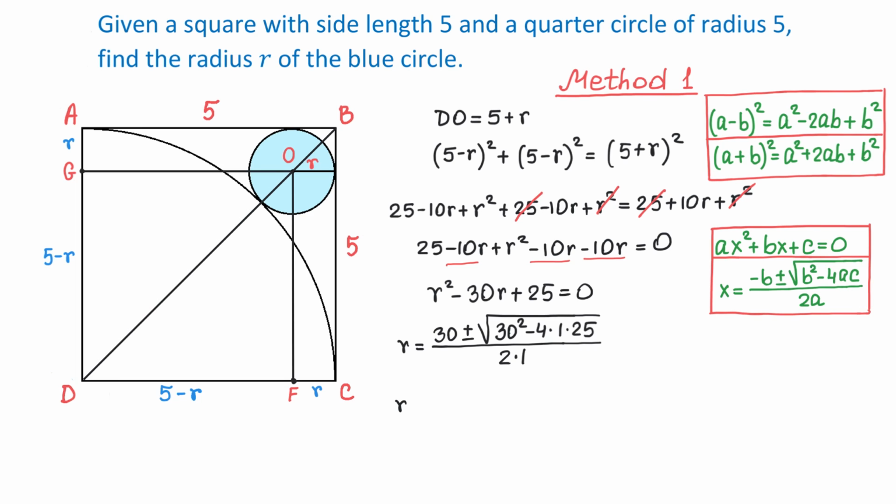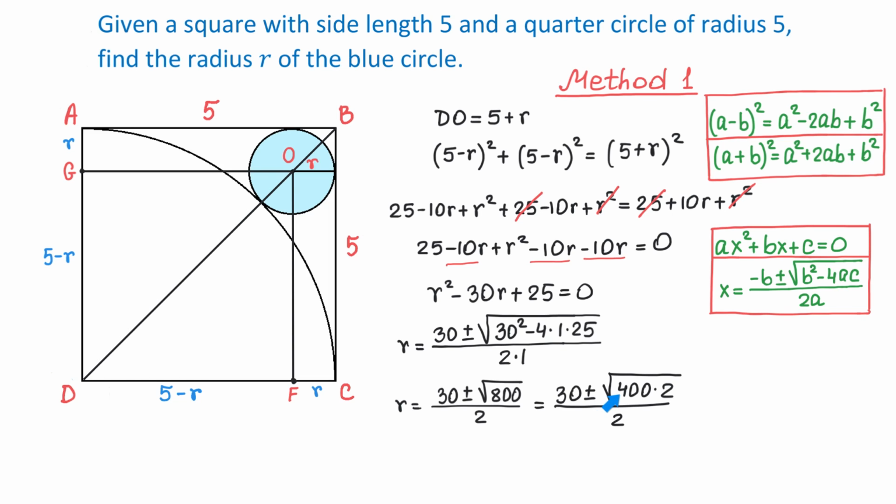Then r will be equal to 30 plus or minus square root of 800 over 2. Now, to simplify this radical, we will write 800 as a product of 400 and 2. Then we will have 30 plus or minus square root of 400 times 2 over 2.